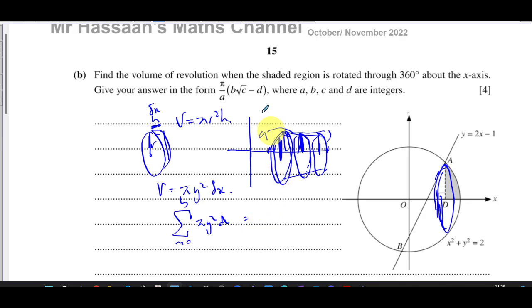So that's exactly what happens when we integrate. If we integrate pi y squared dx, then it will give us the volume which is formed when this shaded region is rotated around the x-axis between the points x equals a and x equals b. So how do we relate this to this question here?